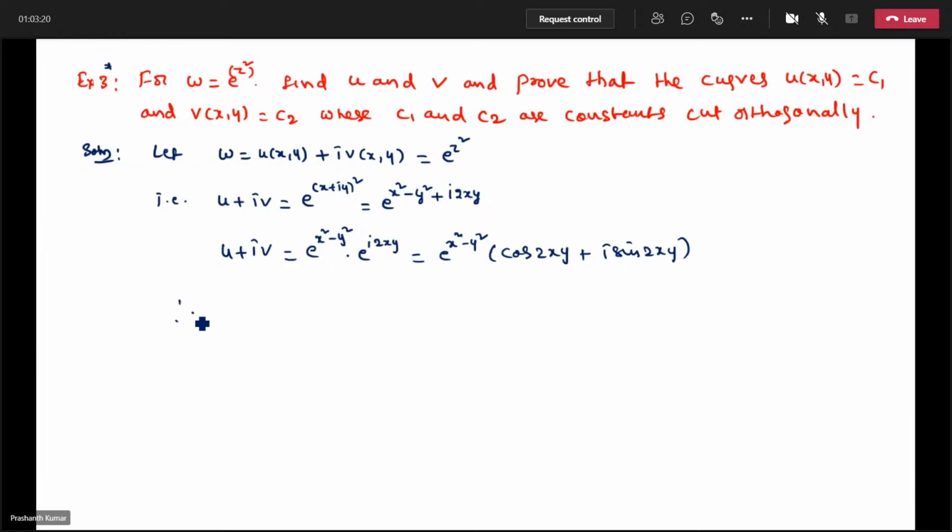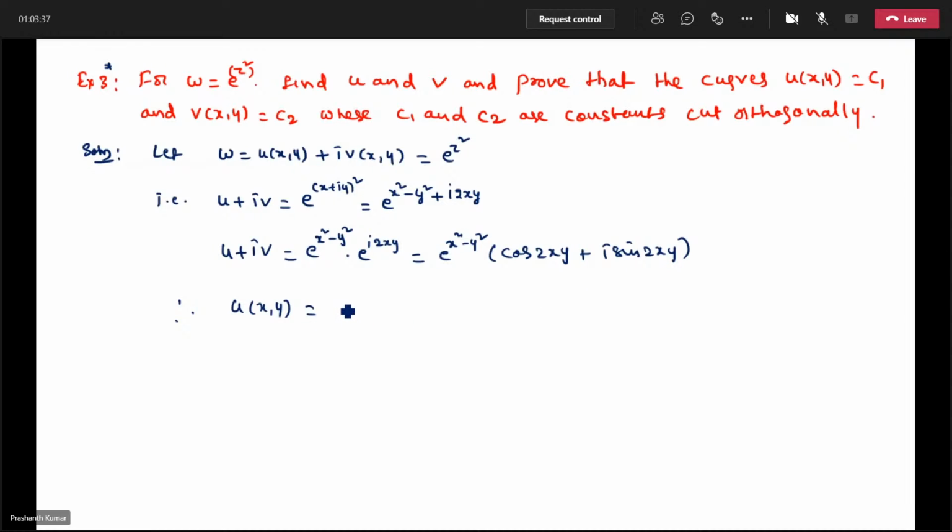So therefore, our family of curves: this is e to the power of x square minus y square into cos 2xy plus e to the power of x square minus y square into i sin 2xy.